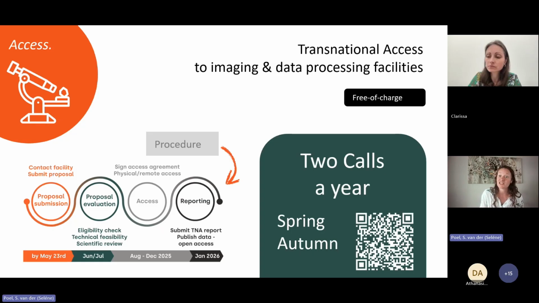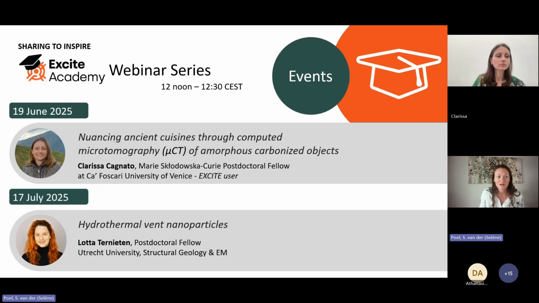Then we scientifically review it. Then you will have 5 to 6 months to do your measurements and also write a nice report about it. And we can do all of this because we are funded by the European Union to offer this free of charge.